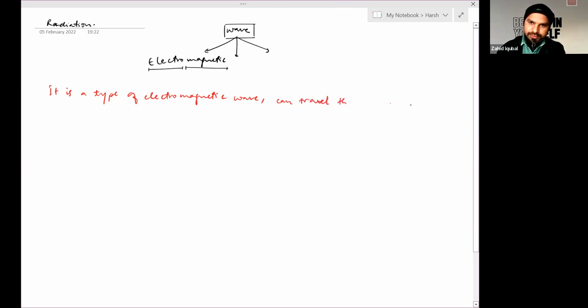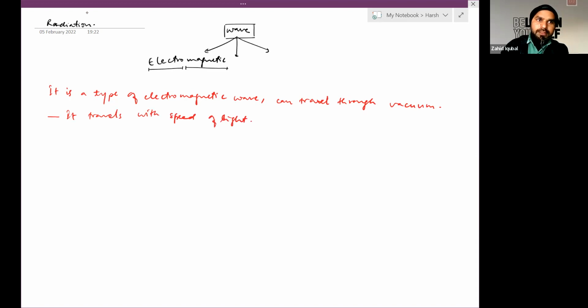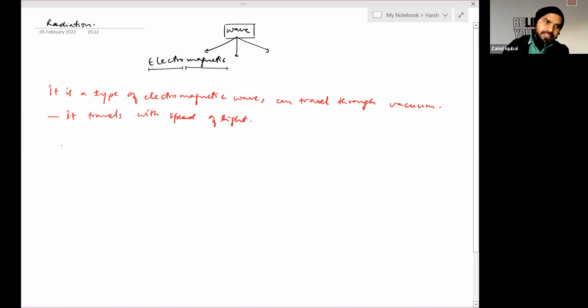Electromagnetic wave moves with the speed of light, so you can say it travels with the speed of light. Now in this part, first we have to define Prevost's hypothesis.